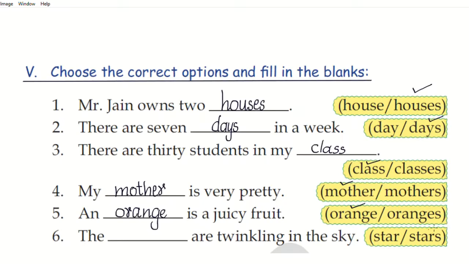Number 6. The dash are twinkling in the sky. Stars. You know, there are many stars in the sky. So your sentence is, the stars are twinkling in the sky.